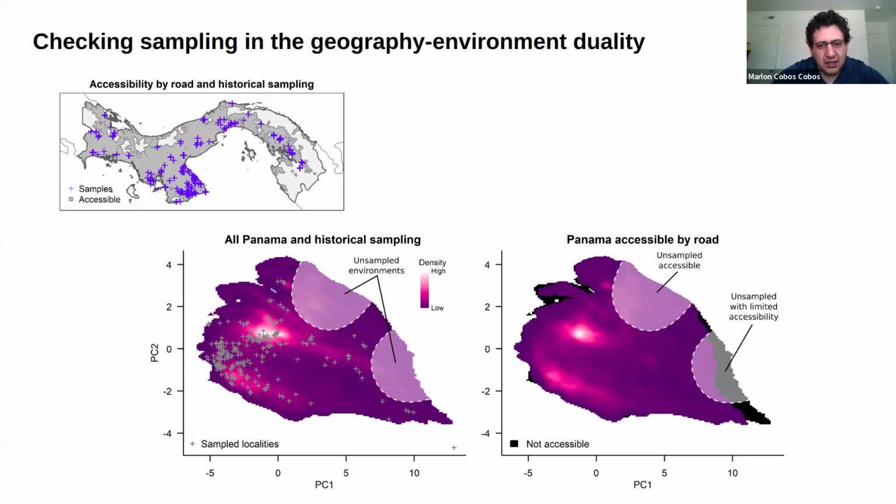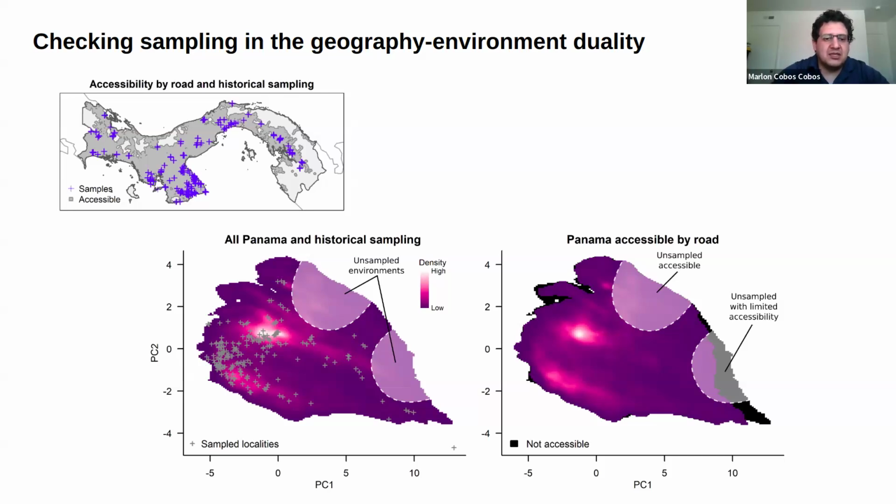Here you're seeing where the points in geography are located in environment. You're also seeing how dense some of the environments are, which is to say how common they are in geography. Everything that is more yellowish in the bottom plot is a lot more common than everything that is darker in color, which is to say it is present in more areas in Panama.